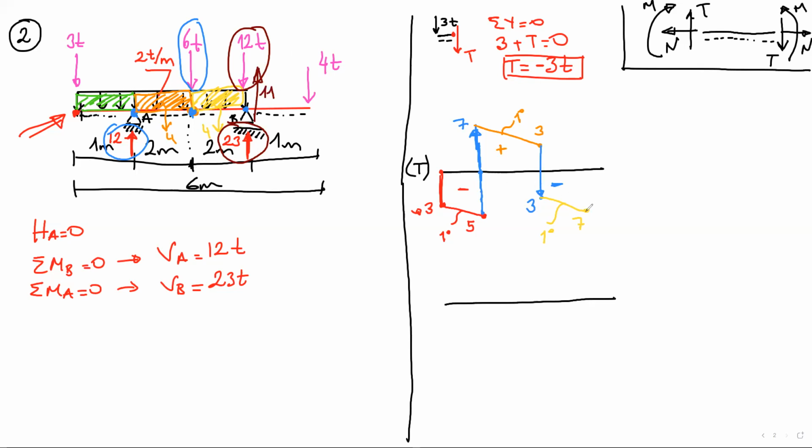So I'm at this point now on my shear force diagram. My resultant point load is 11. Let me add that 11 to this point, with the direction: minus 7 plus 11 is 4.